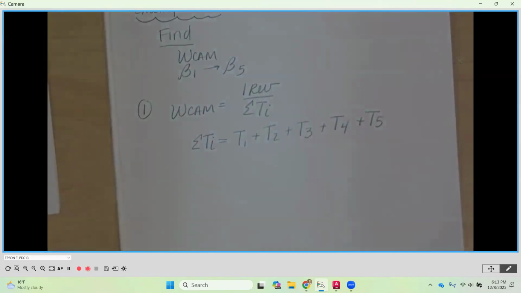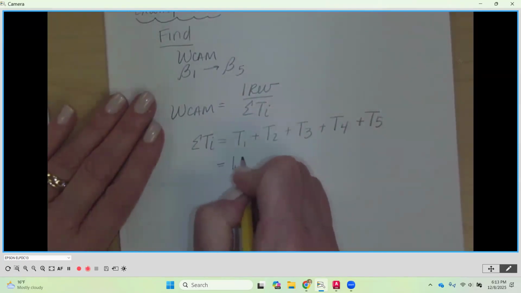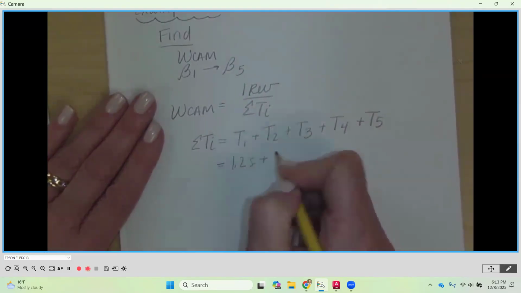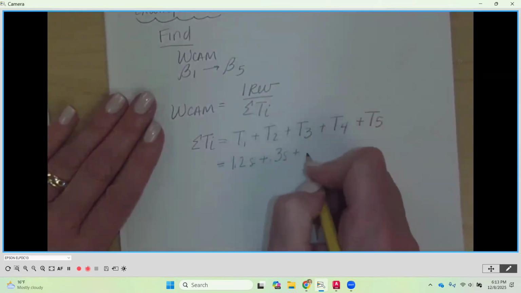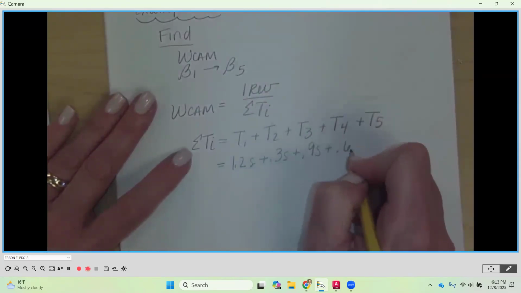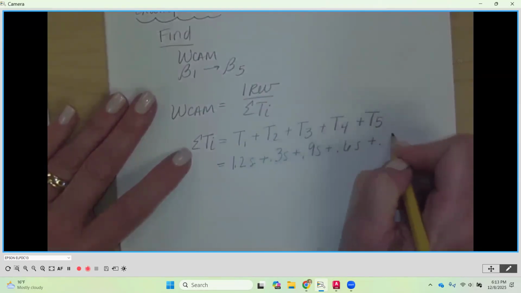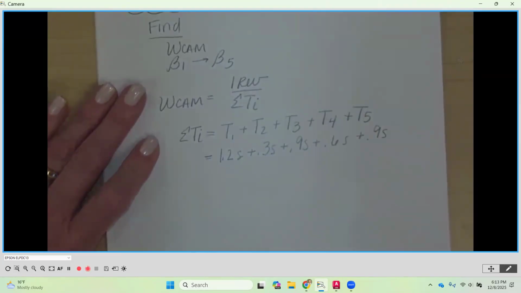There's 5 times because we have 5 sequences of motion in one revolution of that cam. If we look back, T1 is 1.2 seconds, T2 is 0.3 seconds, T3 is 0.9 seconds, T4 is 0.6 seconds, and T5 is 0.9 seconds again.